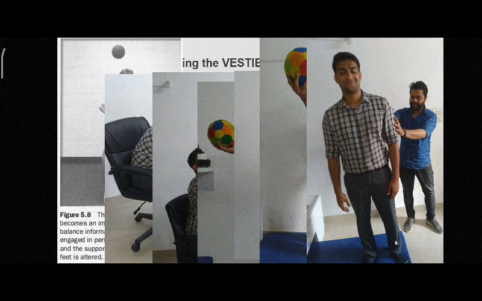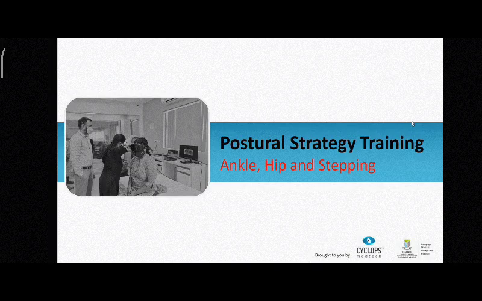Then in the last, we can ask the patient to close their eyes while standing on foam and do the resistance test, in which the physician will be pushing them in one direction and they have to maintain their balance. Now coming to the very important part, ankle, hip and stepping exercises, which is in postural training.